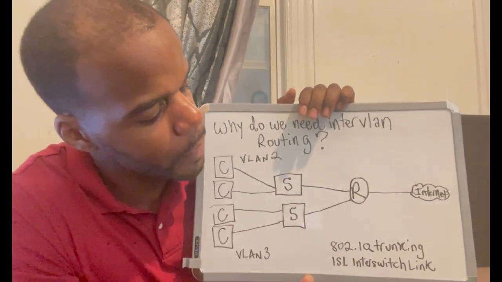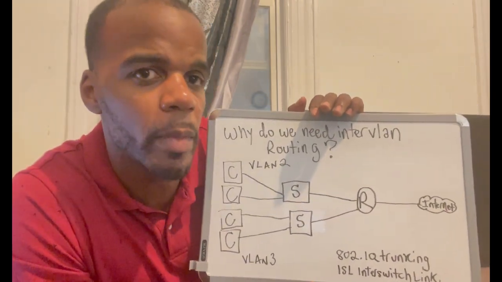Now, I want to get to what a broadcast domain is. A broadcast domain is similar to a separate network. It's a separate network where information is shared amongst all the devices in that network only.